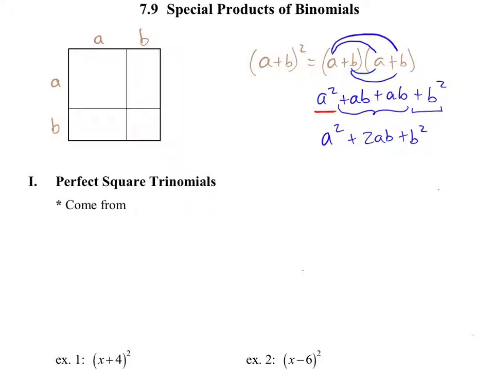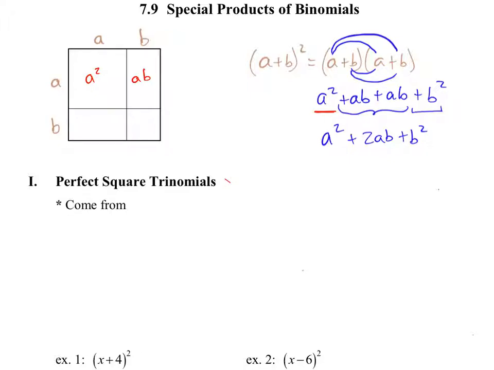What's A squared over here on this thing? It's the big square, right? The area of this big square is going to be A times A, or A squared. The rectangle to the right is going to have an area of A times B, right? Because this length here is A, and you do length times width to find the area.